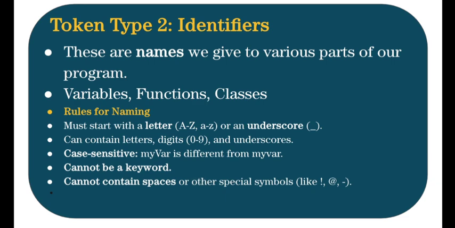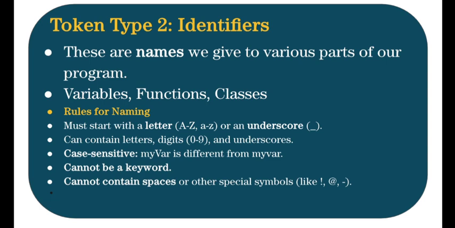Identifiers. These are the names we give to things in our code. It can be names for variables, functions, or classes. But for naming any of these, Python has its own rules.